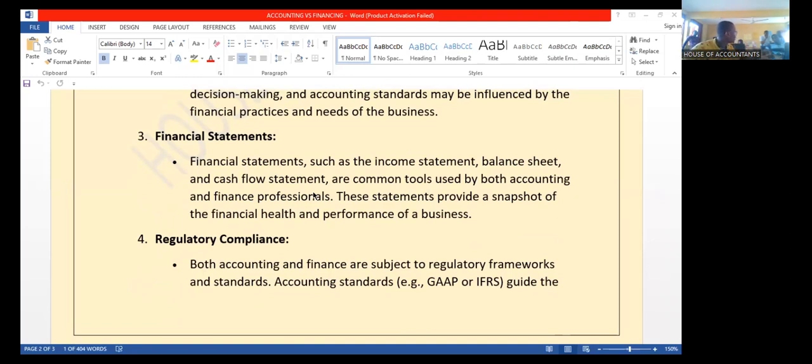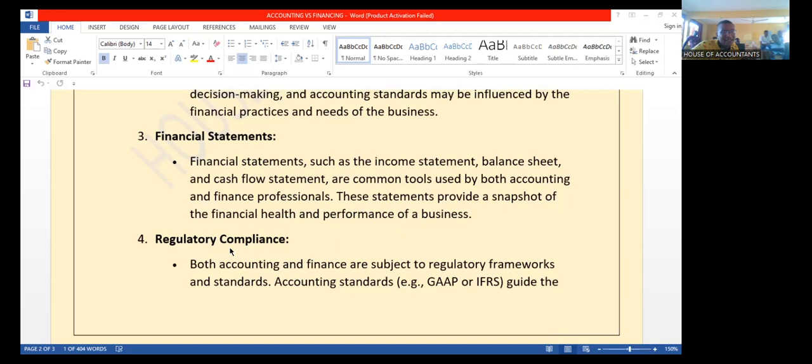When you want to model, you model the income statement, the balance sheet, and the cash flow. That's why we are looking at the 3 statements model. These statements provide a snapshot of the financial health and performance of a business.